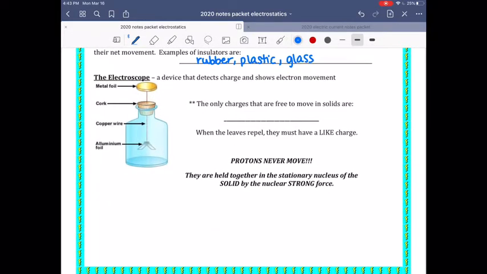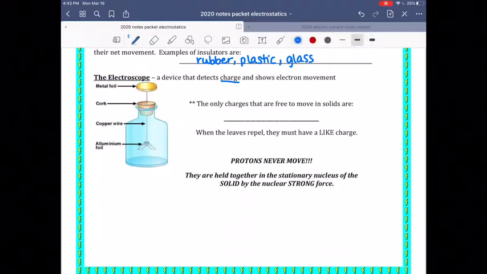And we need to think about this because we use a device in electrostatics called the electroscope. This is a device that detects the movement of charges. So if you bring a charged object near this device, you can see what it's made up of.